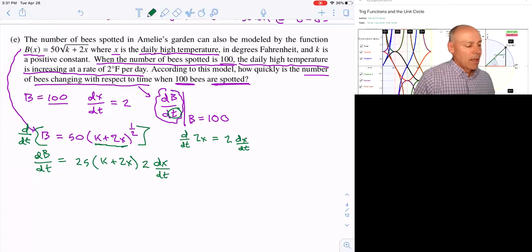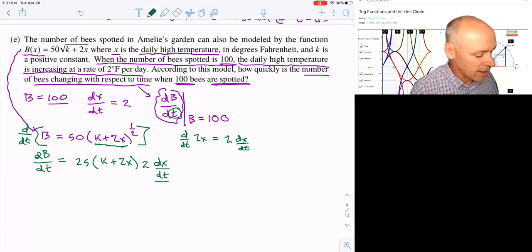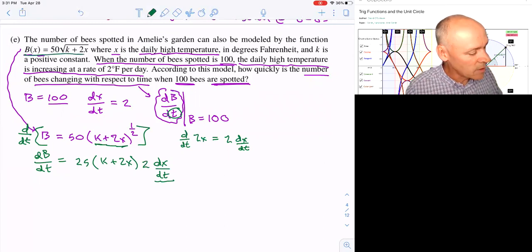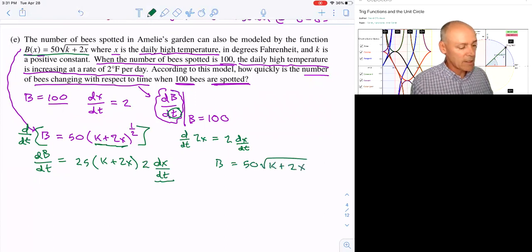Okay. Well, I'm liking that. I do have a value here for dx/dt, so I'm feeling good about that. What I don't like, though, is I don't have a value for k or for x. Well, here's where this problem is, I think, extra challenging. If I go back to my original equation here, I got B is equal to 50 times the square root of k plus 2x.